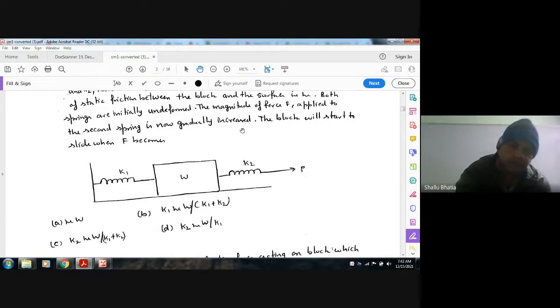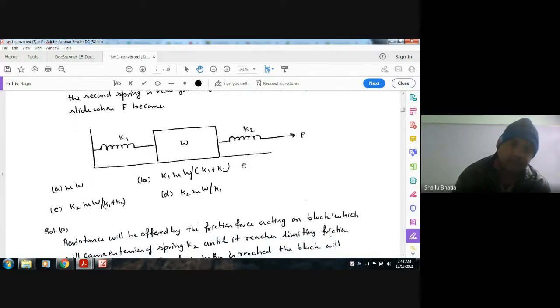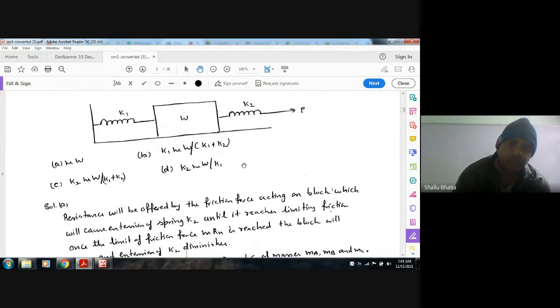Now, when the force is increased from 0 to F, where the block slides slightly, up to F there will be deformation of the spring, because the block will not move and it will provide an opposite resistance. Up to F, the opposite force will be the extension times K2.